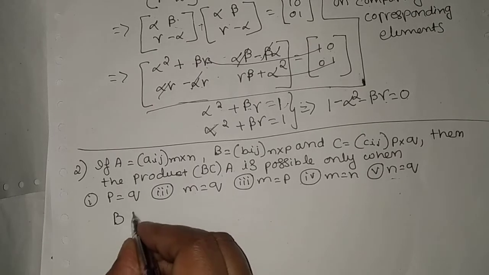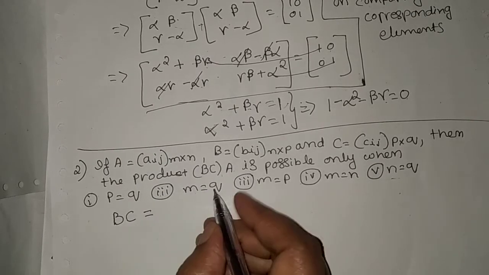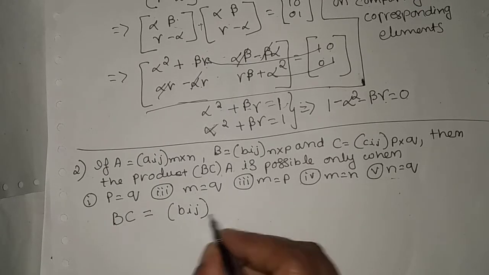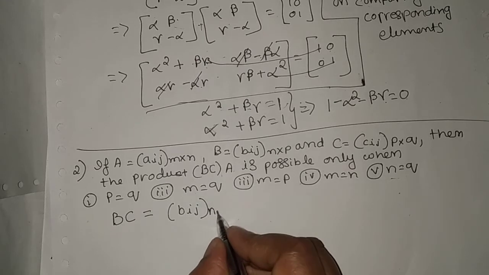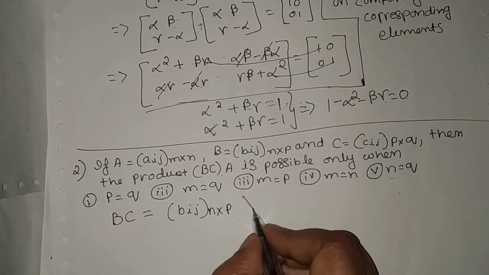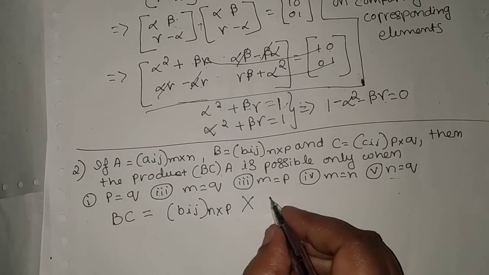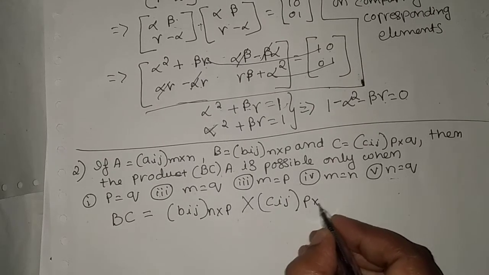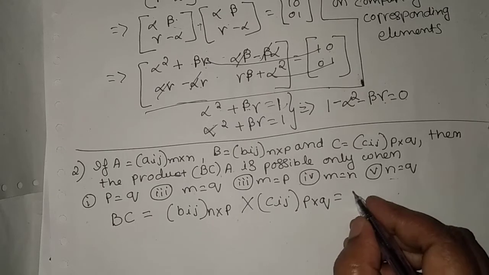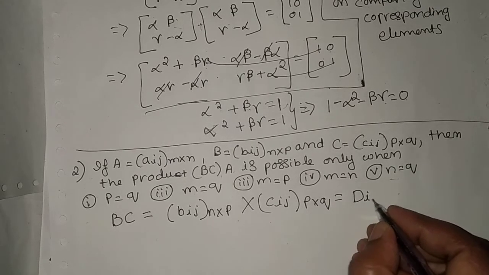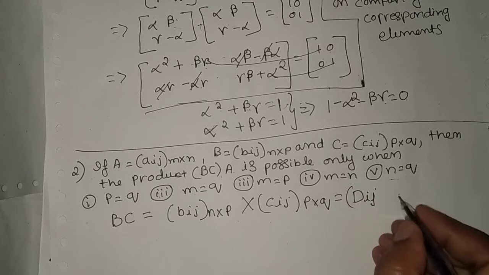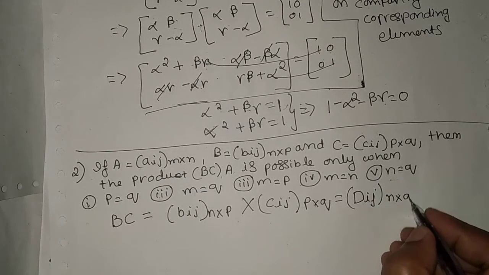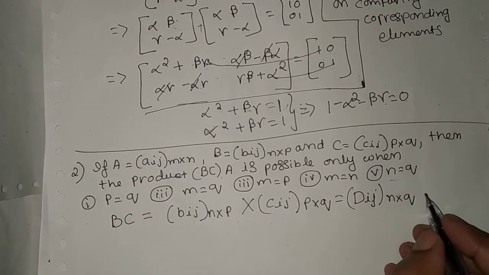first we take B and C. What are B and C they have given? B is Bij, n cross p, into C, which is Cij, p cross q. We equate this to Dij, n cross q, one more matrix.